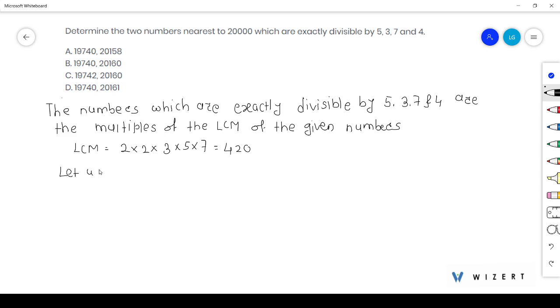Now, let us divide 20,000 by 420. We get remainder 260.